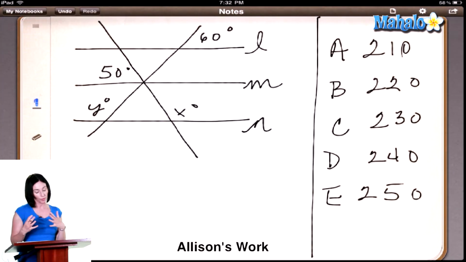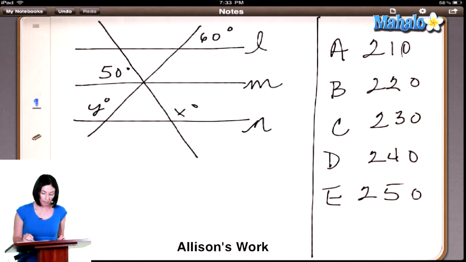We've got 3 parallel lines instead of 2, and we've got 2 transversals instead of 1. But don't let that throw you off. Just look at one transversal at a time. We know that if we have this transversal here that makes the 60-degree angle, do you see any angle that might be corresponding to that?